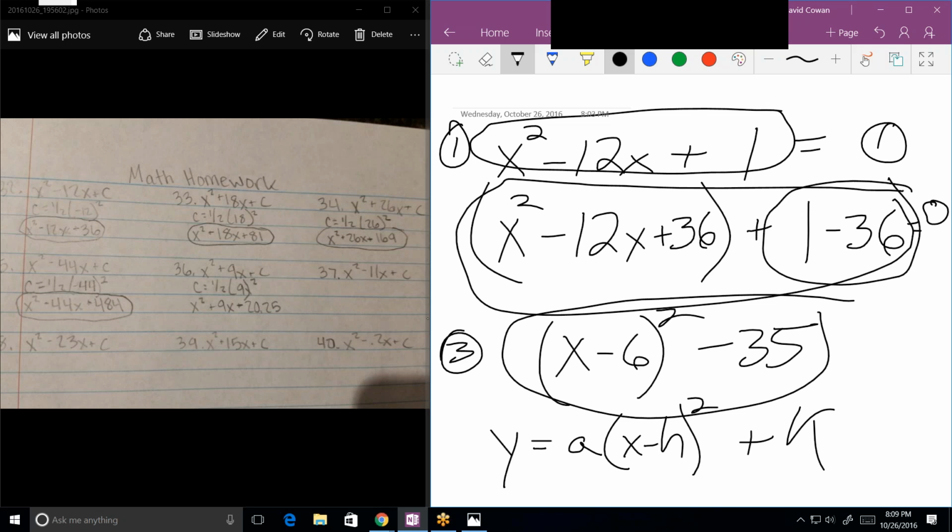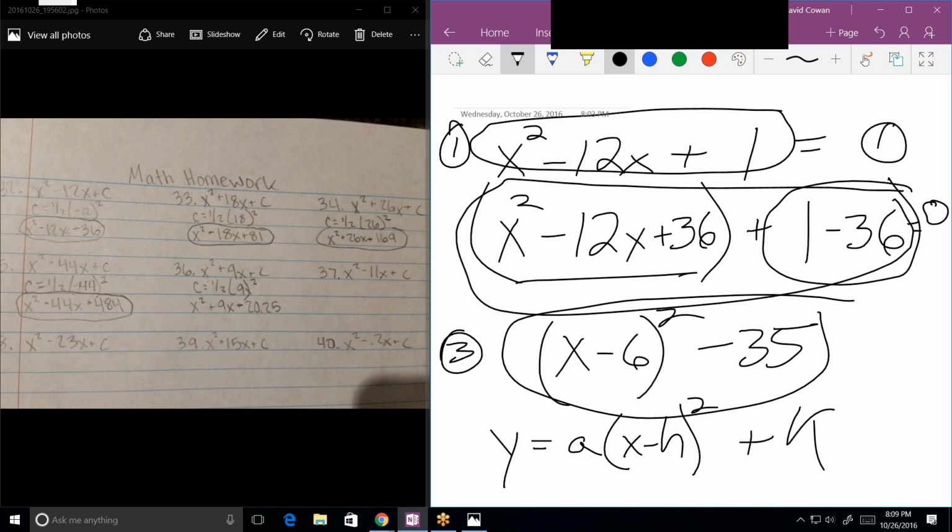A is 1, h is 6, and k is minus 35. So I immediately know where the vertex is, and whether it's vertically stretched or vertically flattened based on what A is. That's the way you complete the square, and it's always done in that exact manner.